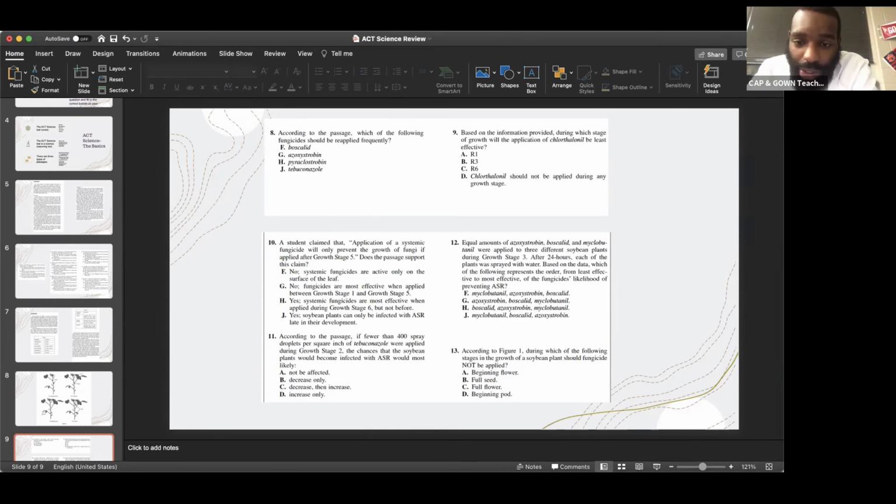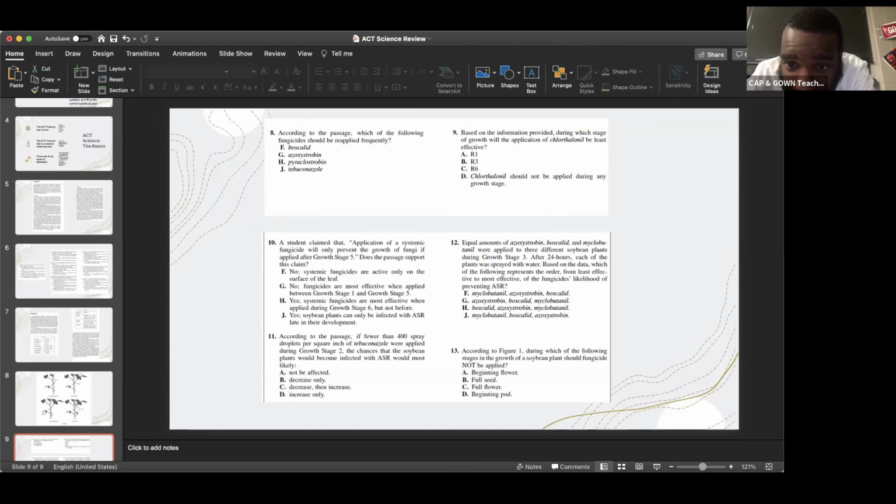All right. So what about number 12? Equal amounts of azoxystrobin, boscalid, and butanol were applied to 3 different soybean plants during growth stage 3.